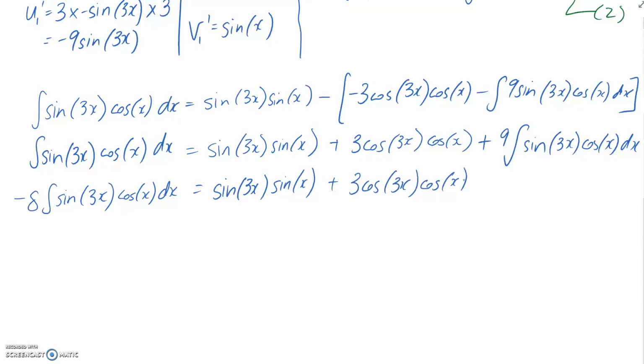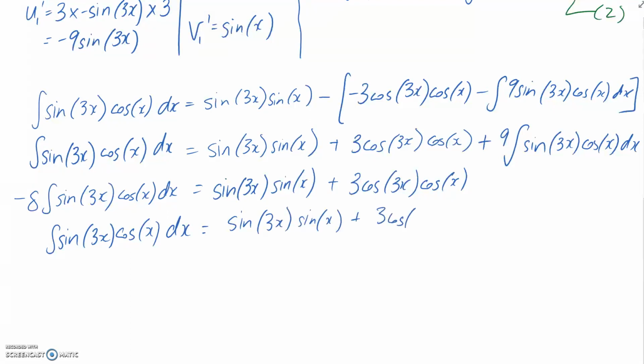Cool. So my final step is I just want to answer with this integral on its own. So I can bring my negative 8 across to the other side of the equation. And that's going to leave me with this, all divided by that negative 8.